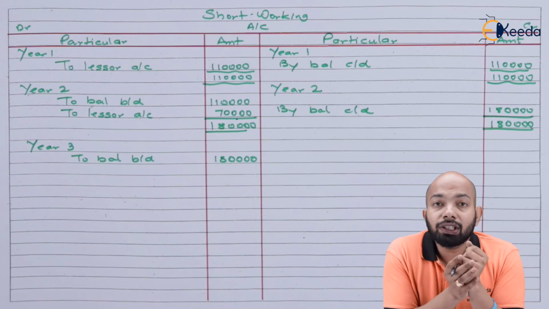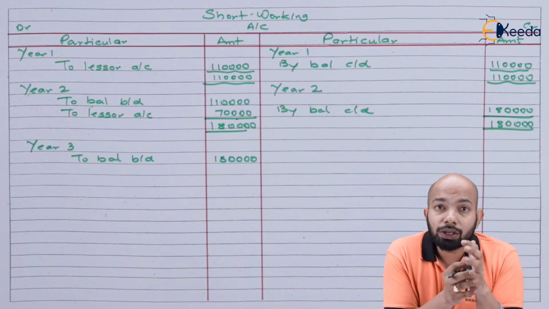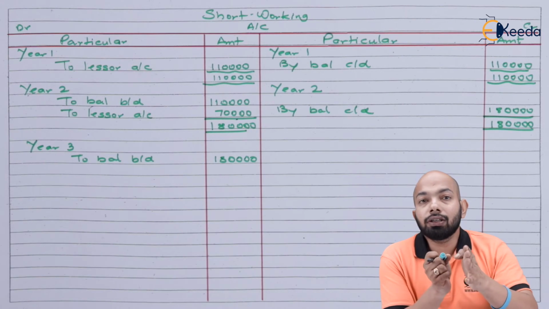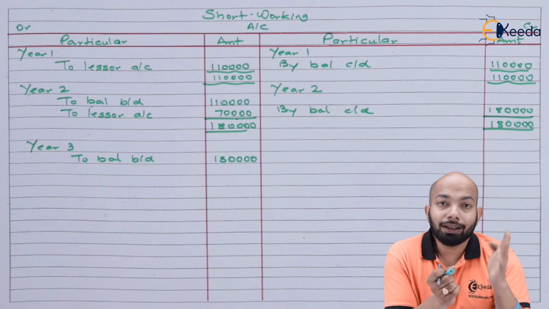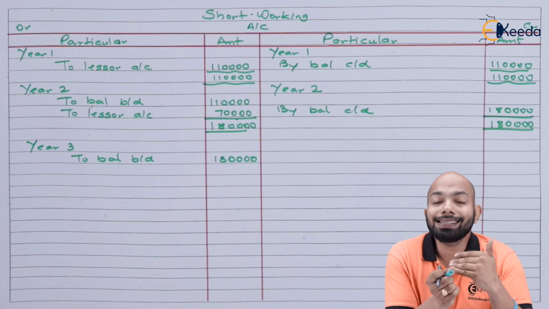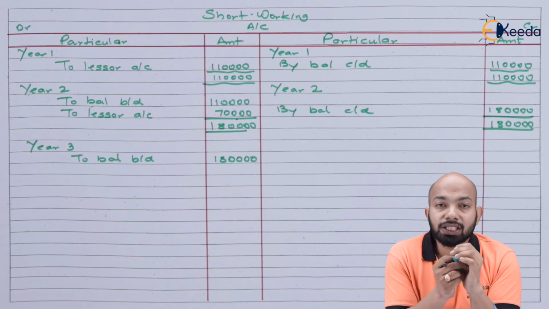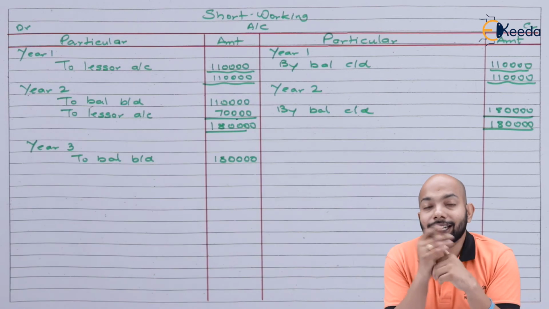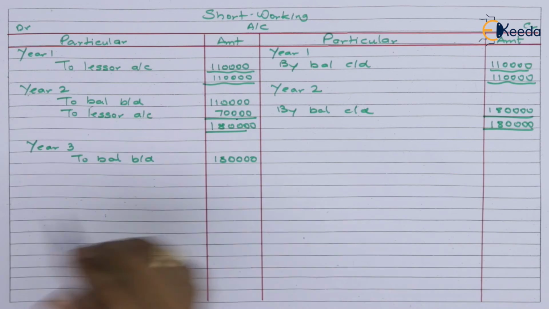Now that we have carried forward the balance of 1,80,000 in year 3, in the third year there was no short working, but the earlier short workings were getting adjusted in terms of the royalty that was coming in on the credit side. So on the credit side, we'll mention by royalty.